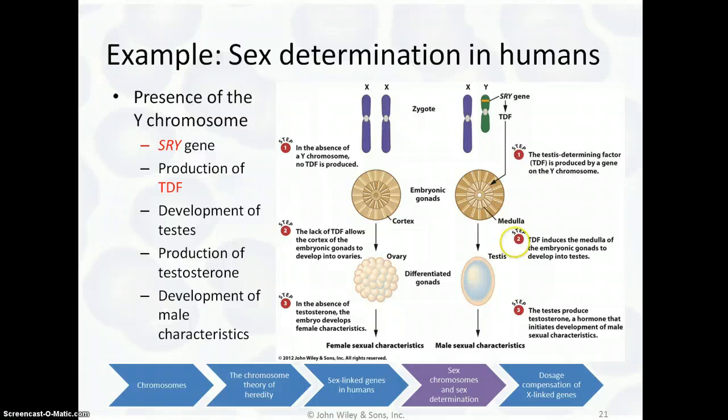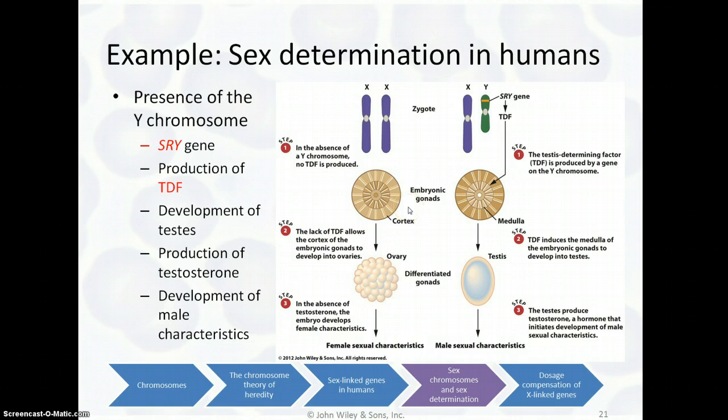Now, in contrast, in females, there are two X chromosomes. Because there are two X chromosomes, obviously there's no Y. If there's no Y, there's no SRY gene. No SRY gene, no TDF. No TDF means that there's no signal for this embryonic gonad to become a testis.